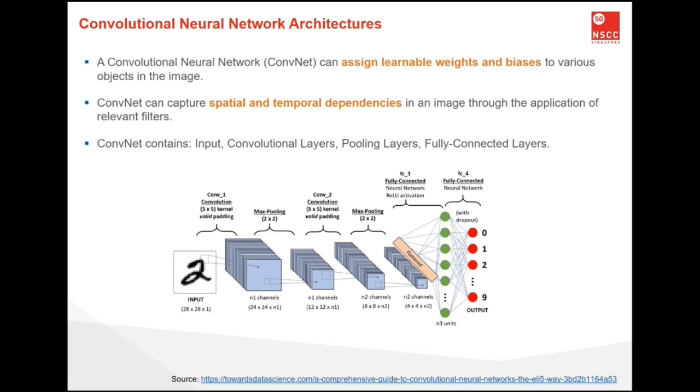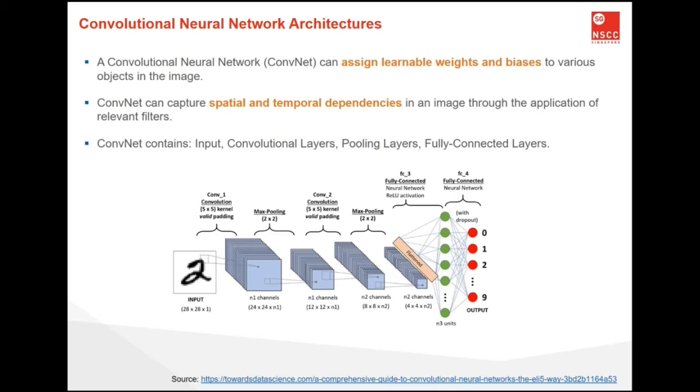It will compute the output of neurons that are connected to local regions of the input, each computing a dot product between their weights and a small region they are connected to in the input volume. This may result in volumes such as 24 by 24 by n if we decided to use n filters.